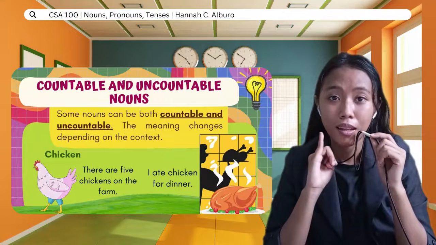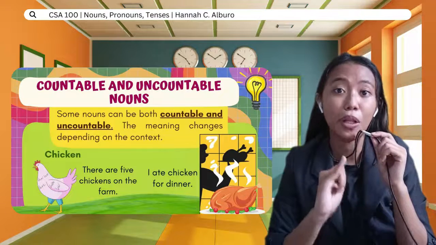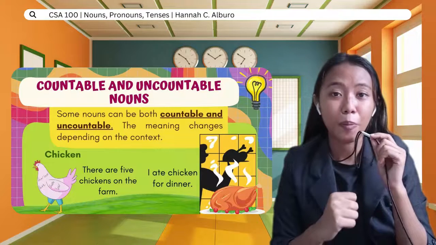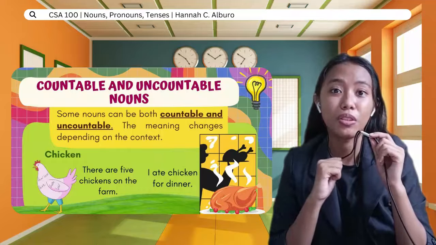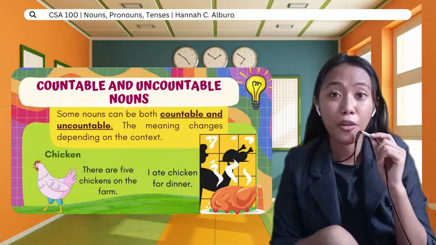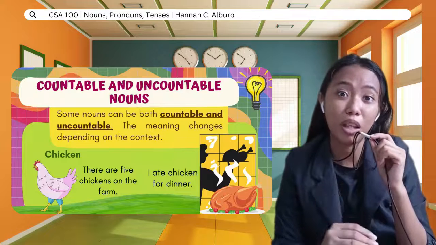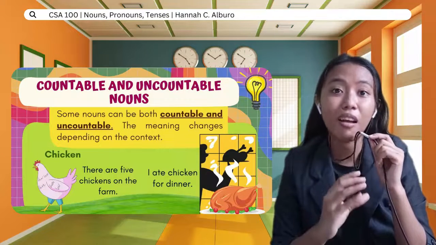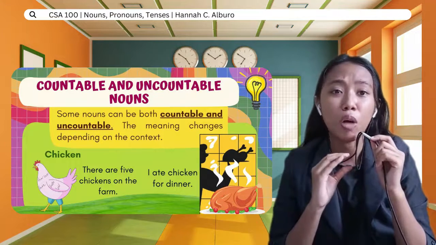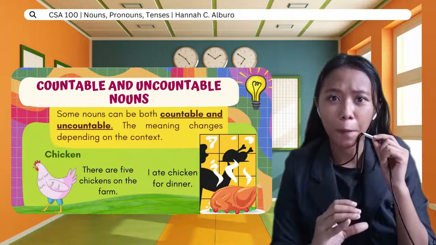So, the meat as a food, it is an uncountable noun. Now, if you can still remember, I used the words apples and mangoes as an example under countable nouns, and they are considered as food, but they are countable nouns. So, they are under the fruit category of food, 'di ba? Now, the word fruit itself, is fruit an uncountable or countable noun?